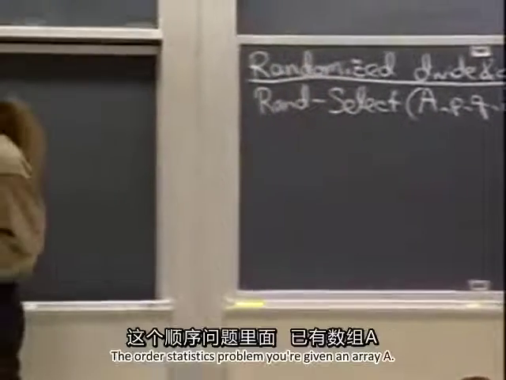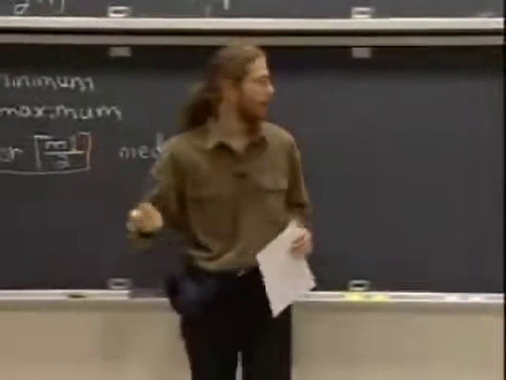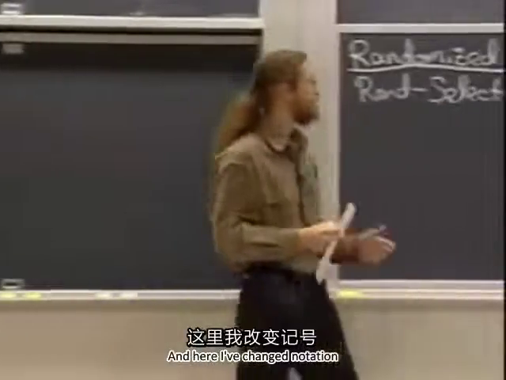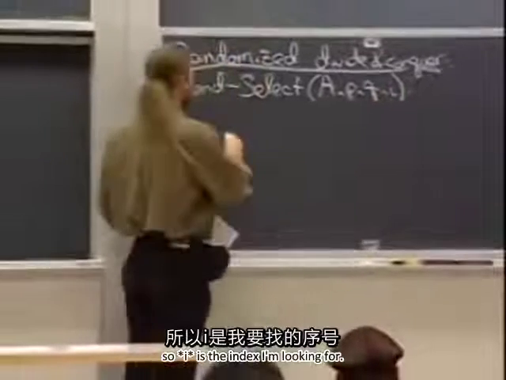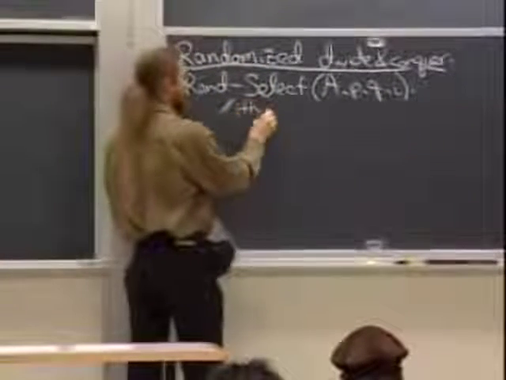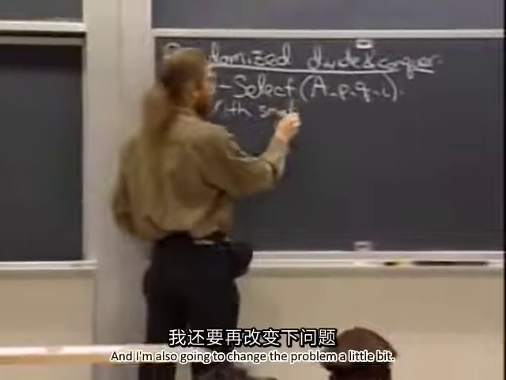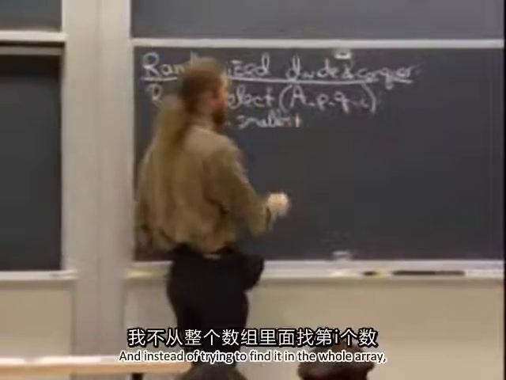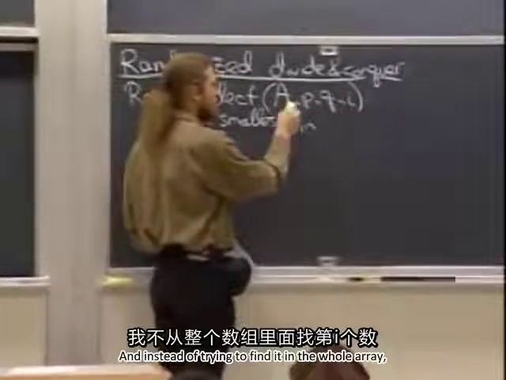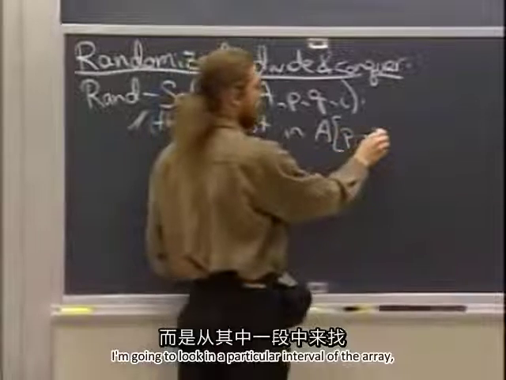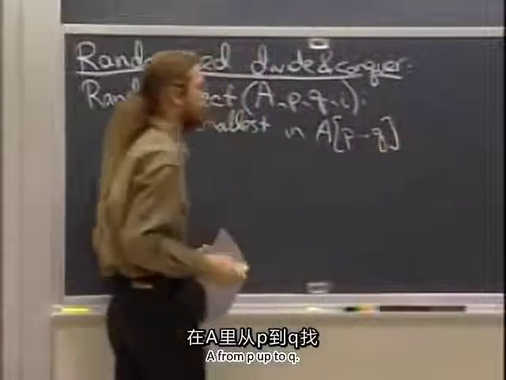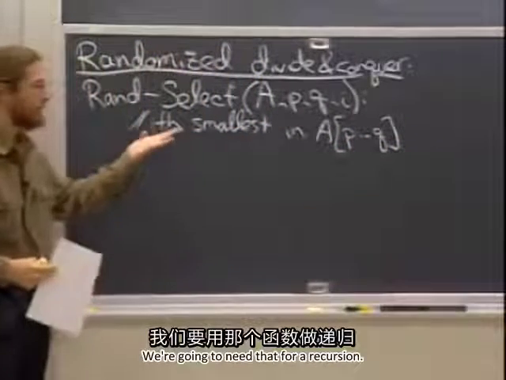So the order statistics problem, you're given an array A, and here I've changed notation, and I'm looking for the ith smallest element. So i is the index I'm looking for. And I'm also going to change the problem a little bit, and instead of trying to find it in the whole array, I'm going to look in a particular interval of the array, A from p up to q. Okay, we're going to need that for recursion.